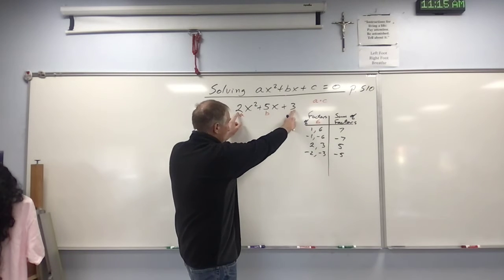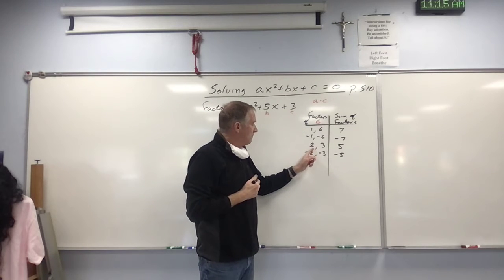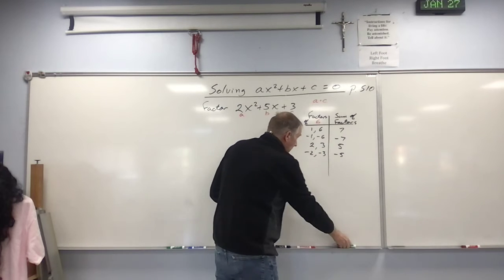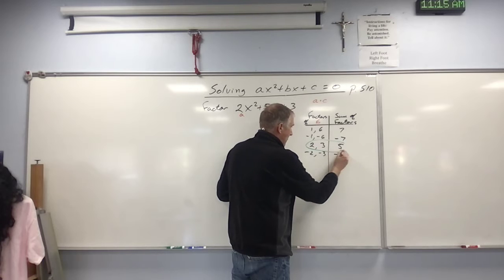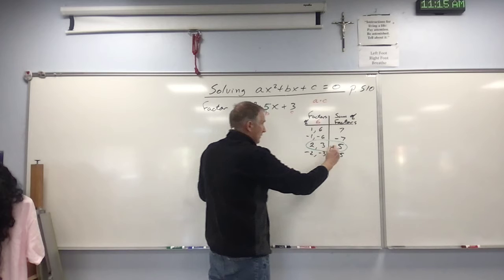Where do you get the 6 from? I multiply those together. All right. The reason why this is important, we're looking for the one that gives me that value.